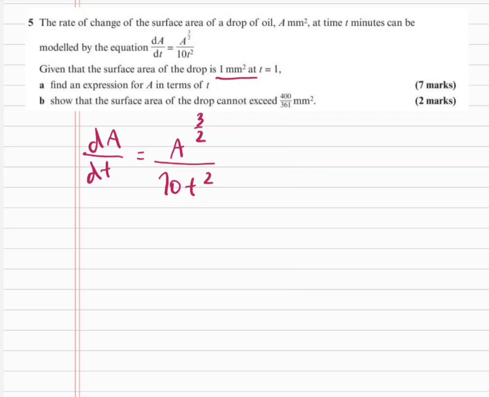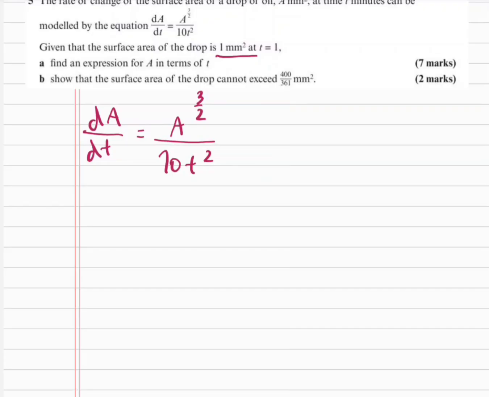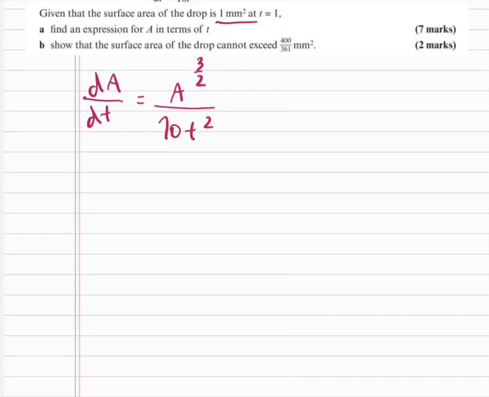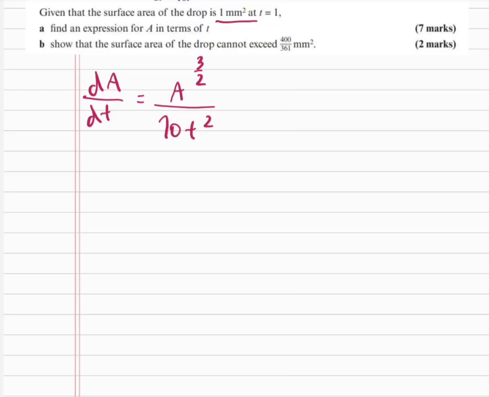So part A is just solving this differential equation by separation of variables. So we can first divide both sides by A to the power of 3 over 2, because that allows us to have A on the left, and then we can multiply both sides by dt.